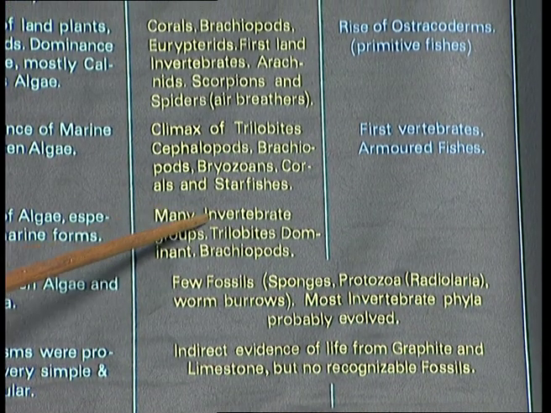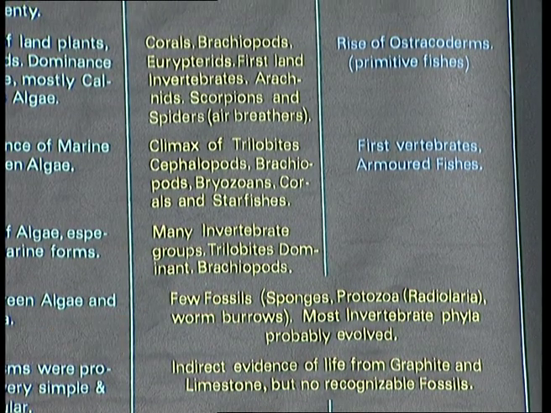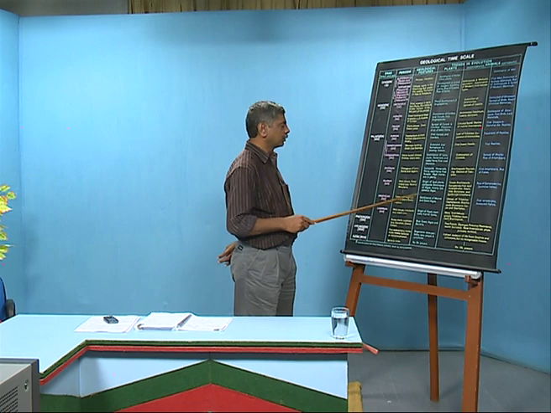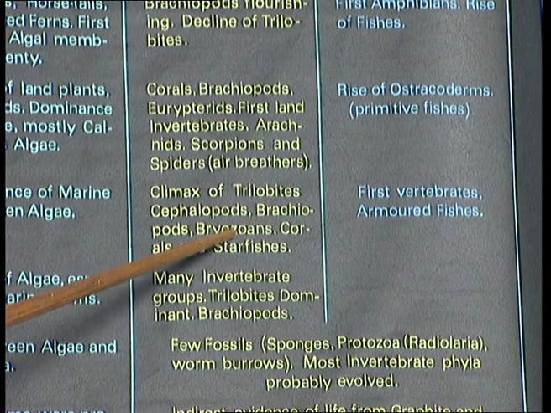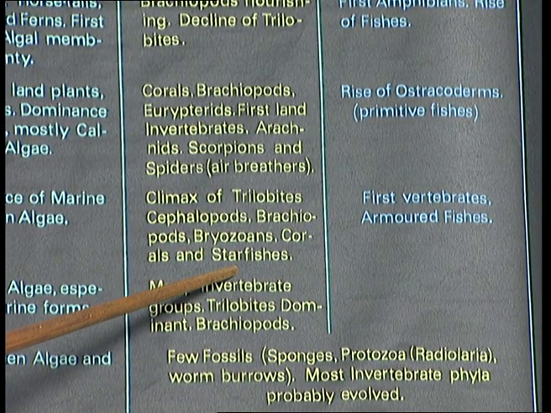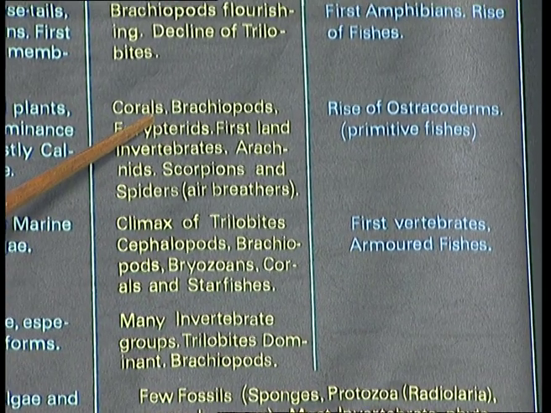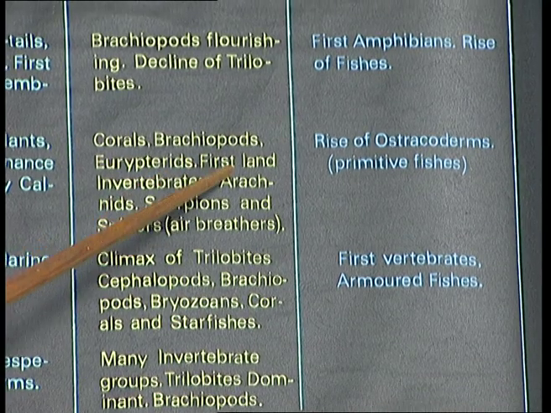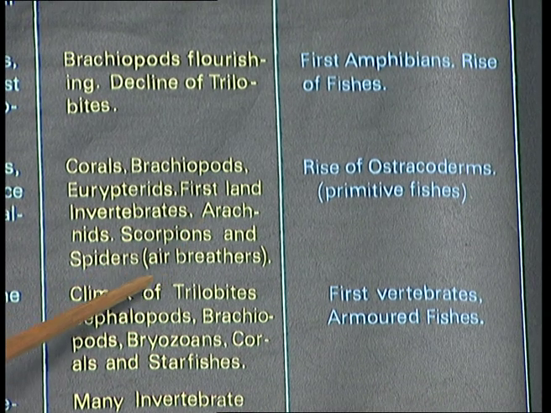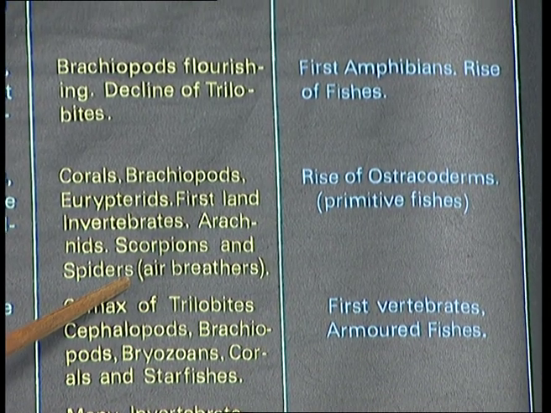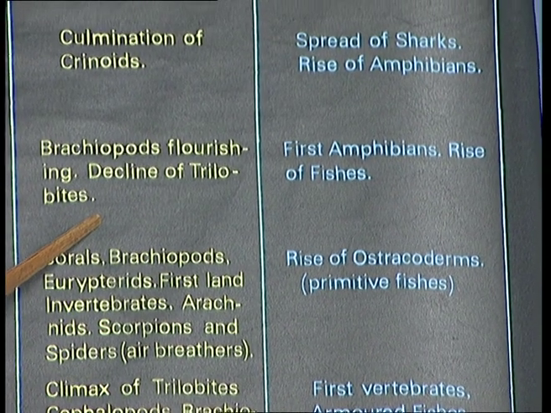Then during the Paleozoic, many invertebrate groups, trilobites and brachiopods, survived during the Cambrian, and during the Ordovician, trilobites were at their peak. Cephalopods, brachiopods, bryozoans, corals and starfishes were recognized. During the Silurian period, corals, brachiopods and the first land invertebrates, scorpions and spiders, were recognized. During the Devonian period, brachiopods flourished and the decline of trilobites began.